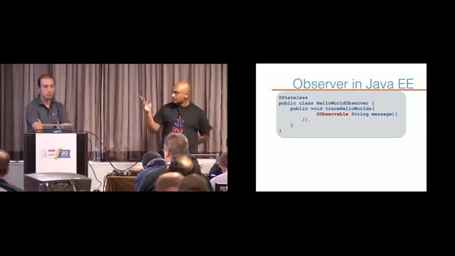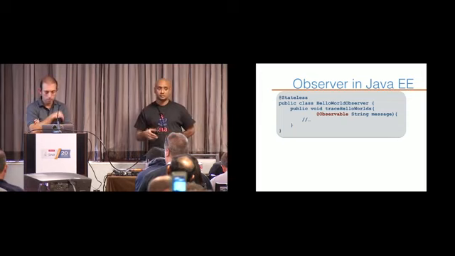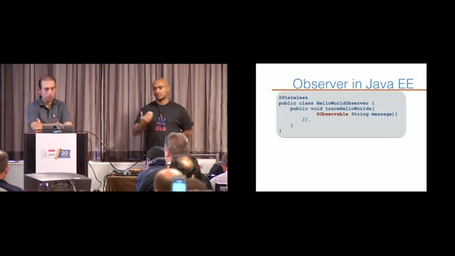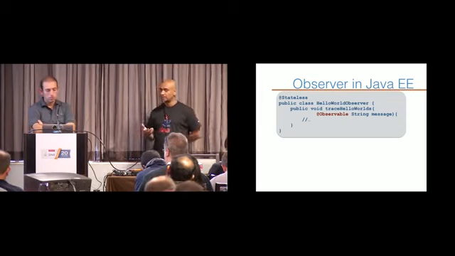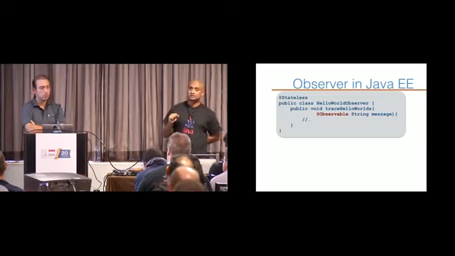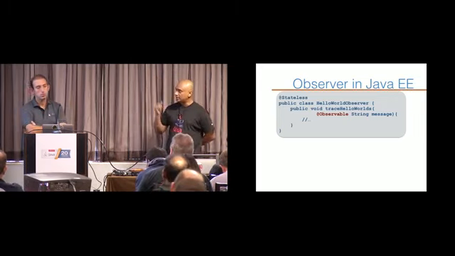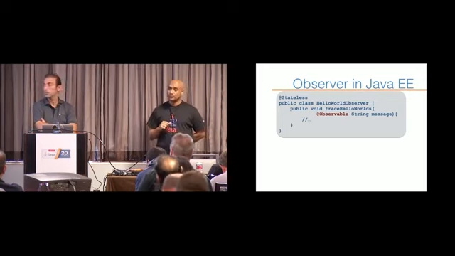So let's say we have this object here that is an observer. It reacts to something else happening somewhere else in the system. The way you express this is simply, create the method and give it its expected payload. What am I expecting? What am I acting upon? And simply add the observes annotation.